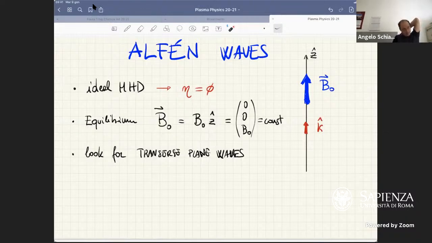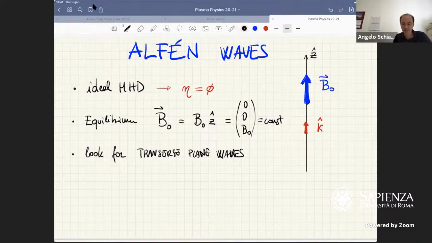This means that the components of the wave are not a function of the transverse directions, so they are constant in planes which are normal to the propagation direction.